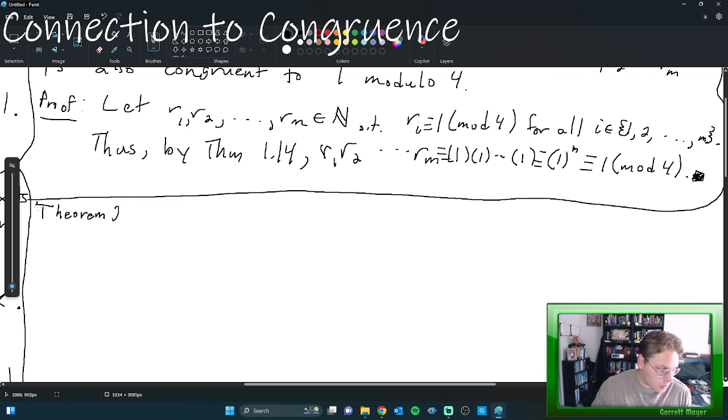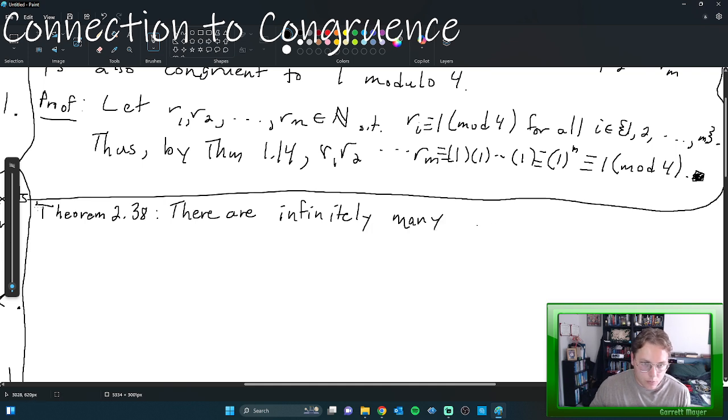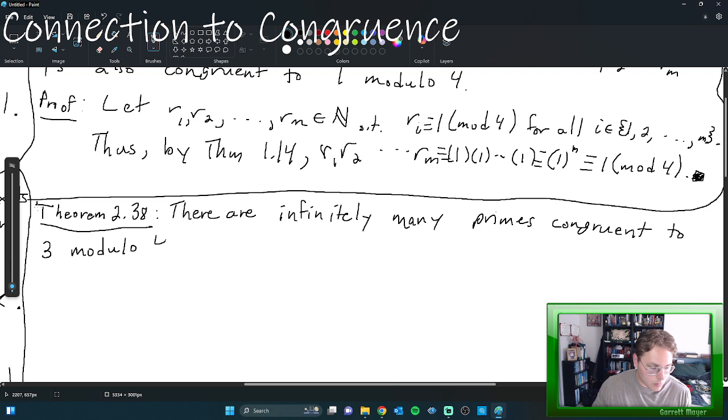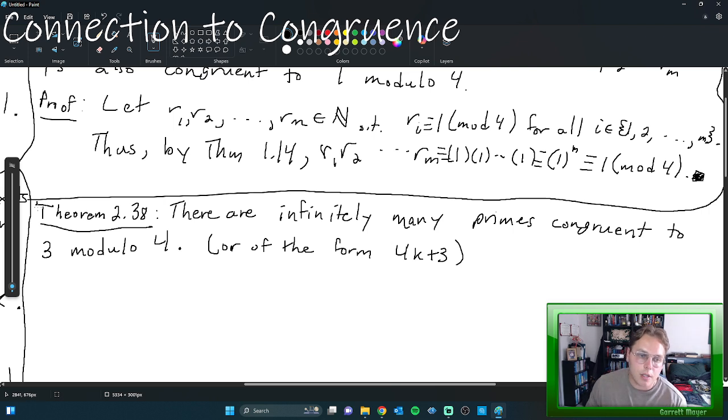So theorem 2.38: there are infinitely many primes congruent to 3 modulo 4, also known as of the form 4k plus 3, so that means you can write them as 4 times some integer plus 3, basically.